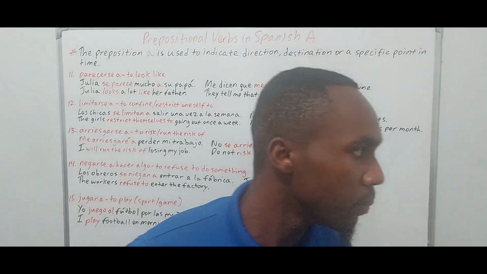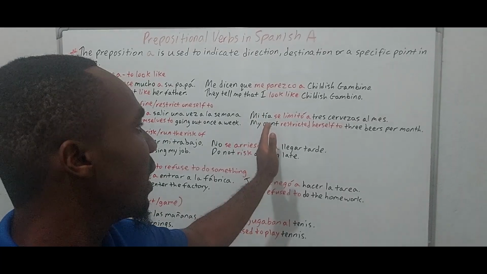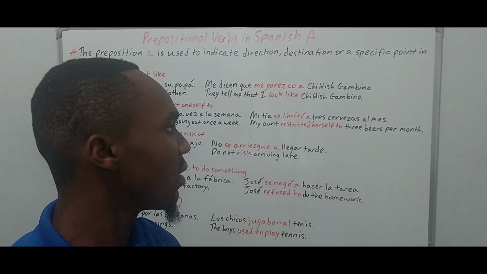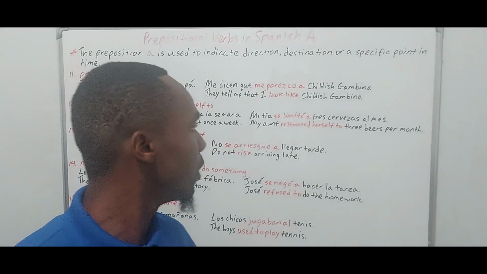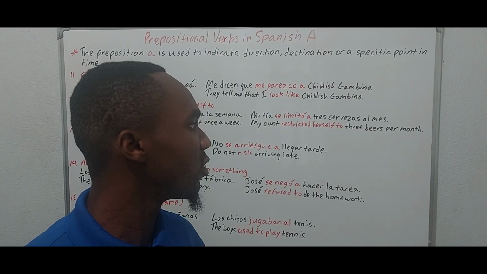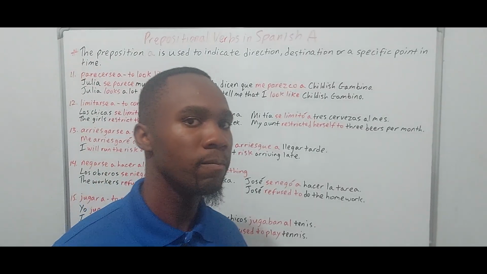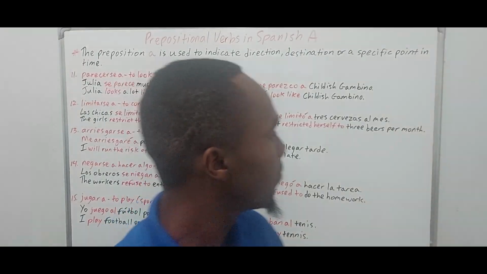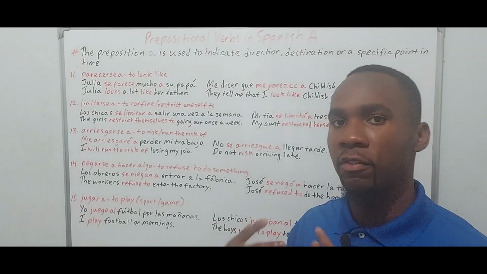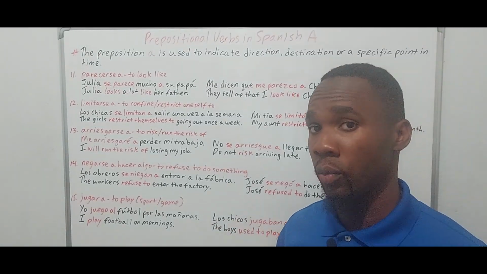And over here, mi tía se limitó a 3 cervezas al mes. My aunt restricted herself to 3 beers per month. Yeah? Yep. So, limitarse a can be followed by a verb or a noun.